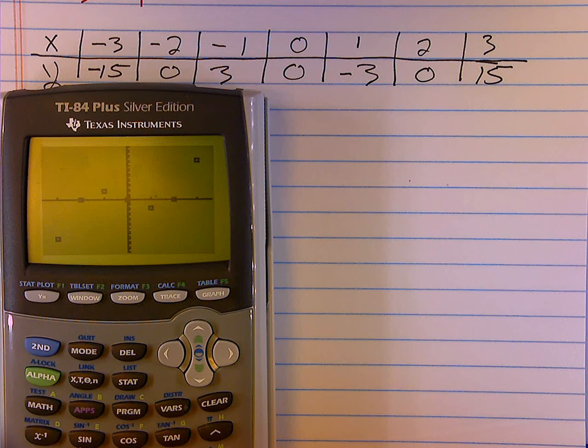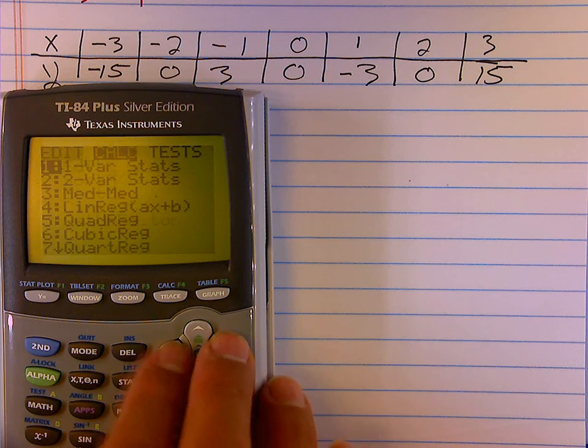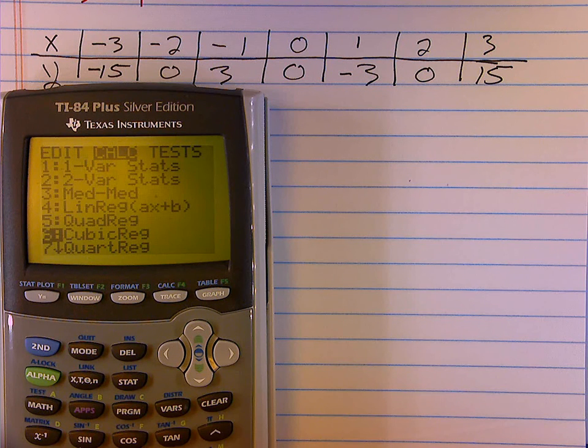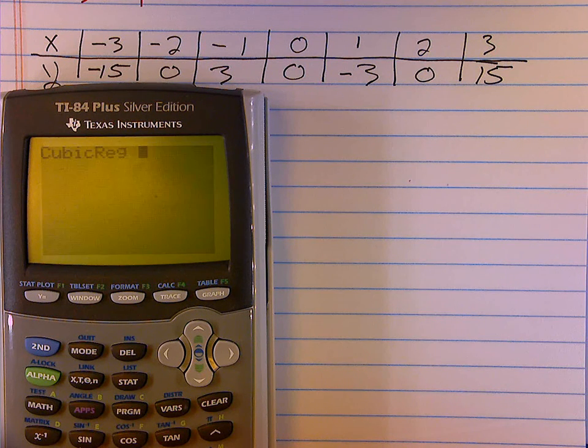That's important that I can identify that visually. So now I can push stat, calculate. Number 6 is my cubic regression, which is a third degree polynomial function. I'm going to hit enter.